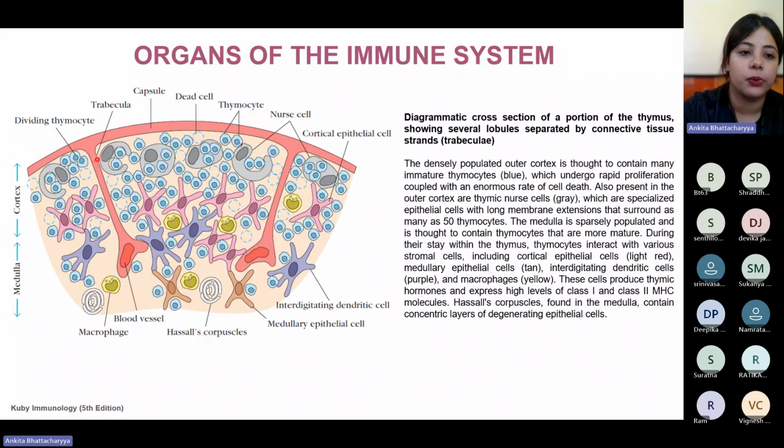Within the organ, we see a gradient based on the types of cells and the way in which they are organized. First of all, it's a basic anatomy definition that for any organ, if you take a cross section of it, the outer side is always called the cortex. The inner side is called the medulla.